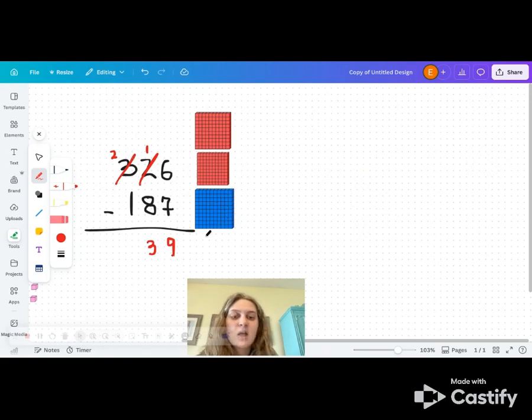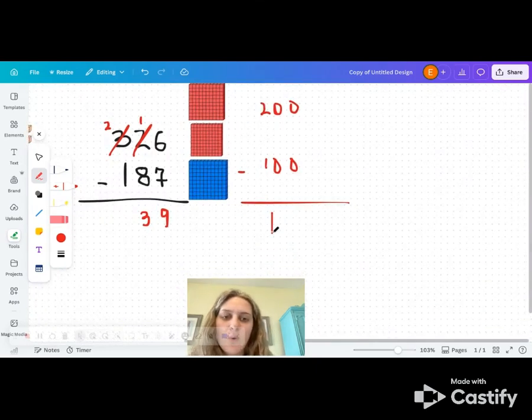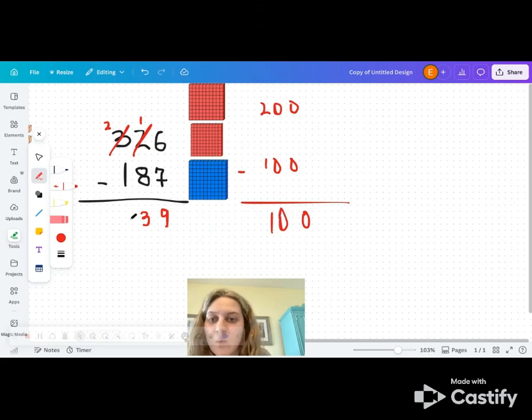So this is just going to be 200 minus 100, or 2 minus 1, and that will get us 100. So that means that we have 100 in that space. So 326 minus 187 equals 139.